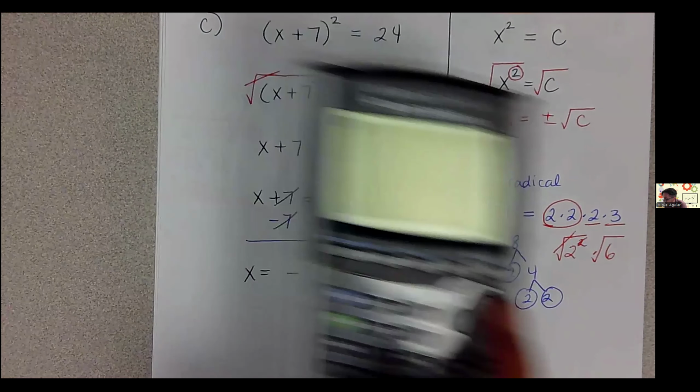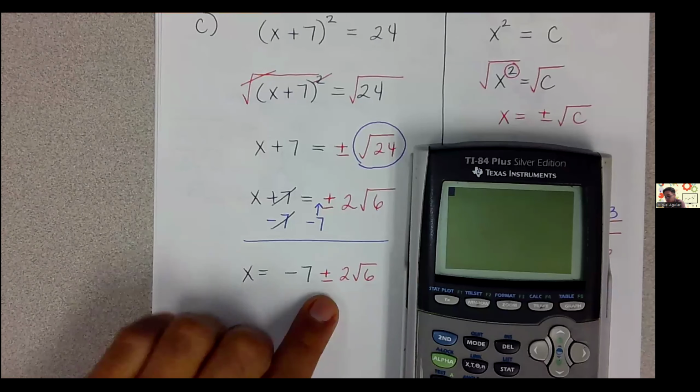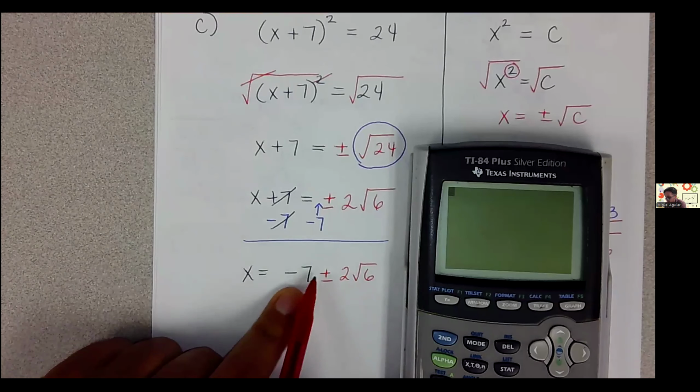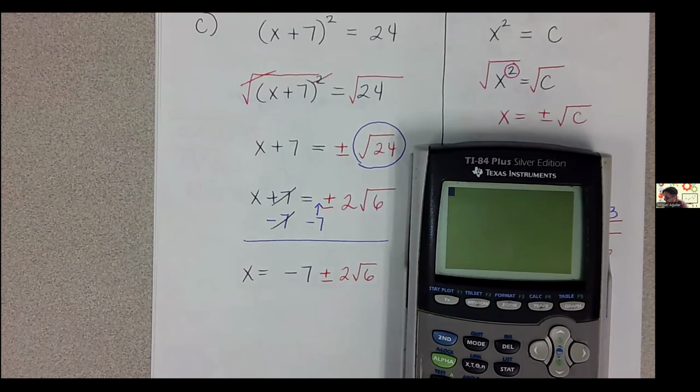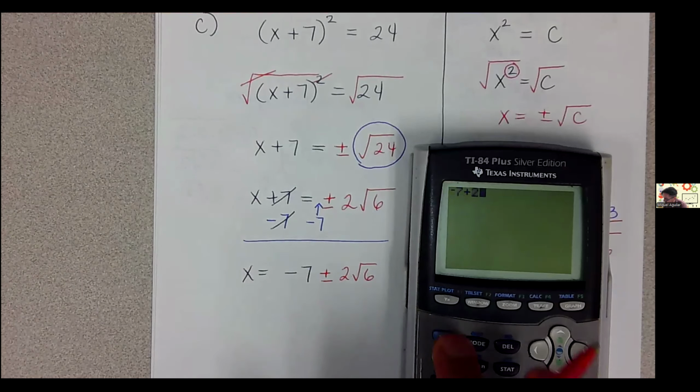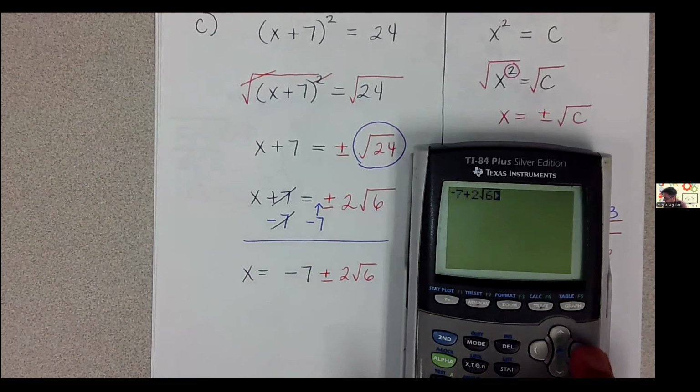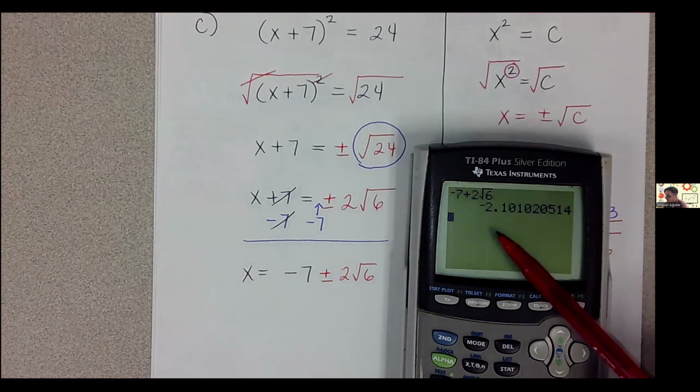We could put that in the calculator, and really it's two numbers. So I'm going to start with this negative 7 plus 2 root 6. I'm going to put that in the calculator. Negative 7 plus 2 times the square root of 6. And that's just approximately negative 2.10, blah, blah, blah. A lot of extending decimals there.